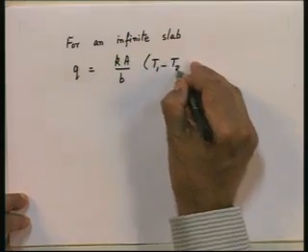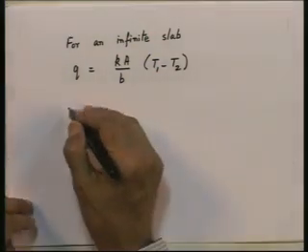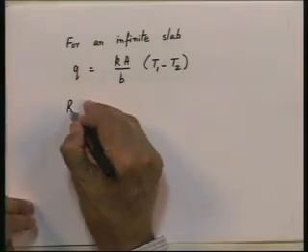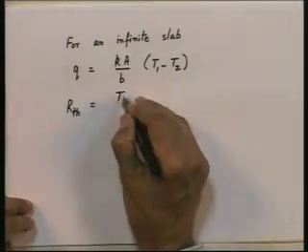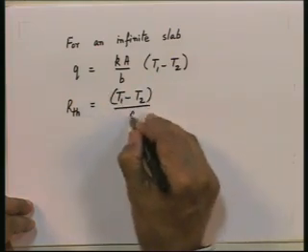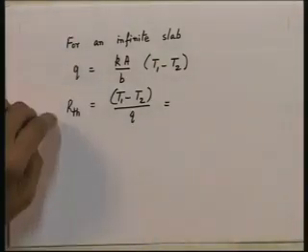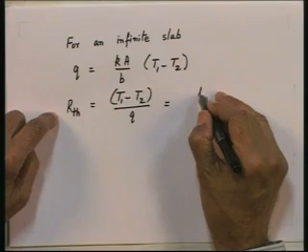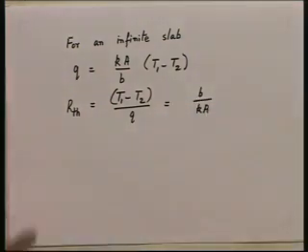All right, we just derived that expression. Compare this expression now with our definition. How do you define thermal resistance? We say thermal resistance is equal to T 1 minus T 2 divided by Q. Therefore, for an infinite slab, thermal resistance would be given by B by K A. All right. That is how we get the expression for the thermal resistance of an infinite slab.